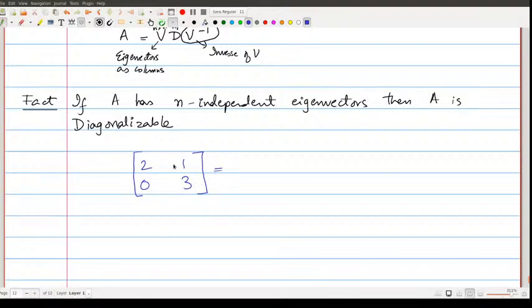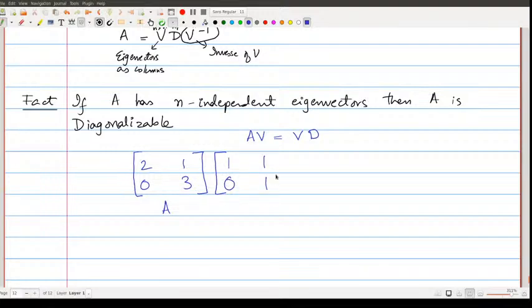So this is A, right? And let's just demonstrate the idea that if I do AV, then I will get V times D. What do I mean by AV equals VD? Right, so I know the eigenvalues and eigenvectors. So this is matrix A, and I'm going to construct this V matrix by putting the eigenvectors. The first eigenvector was 1, 0.